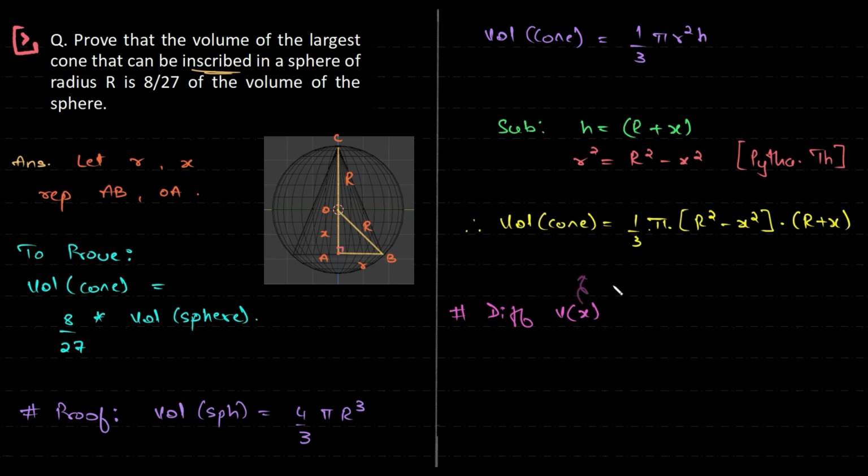It does not vary, that's the whole point. A variable is something that varies, but here R is constant, so we are not considering it with respect to x.